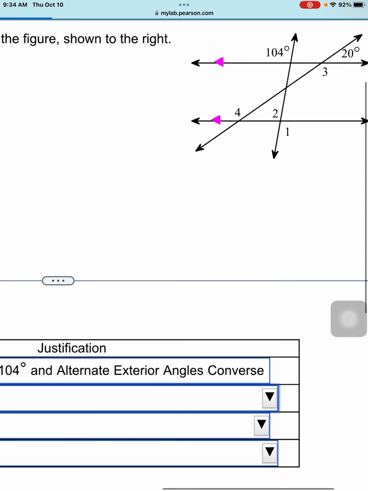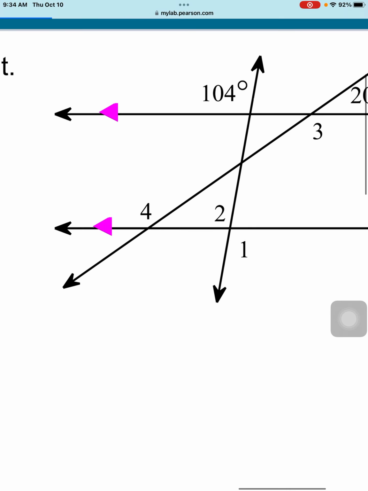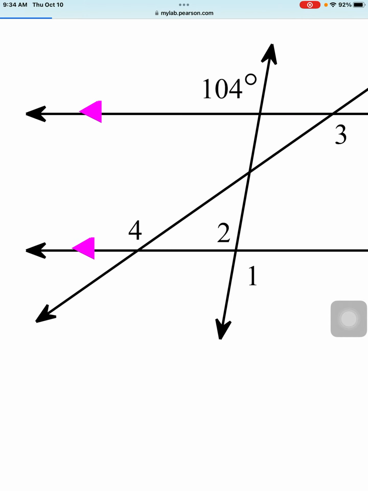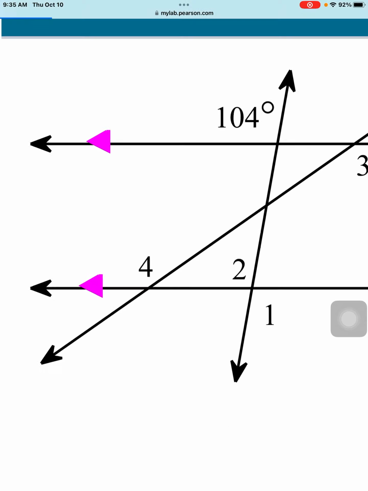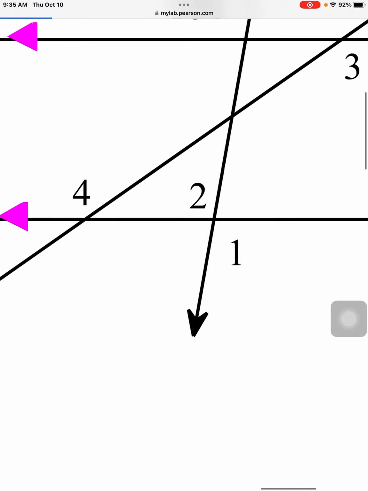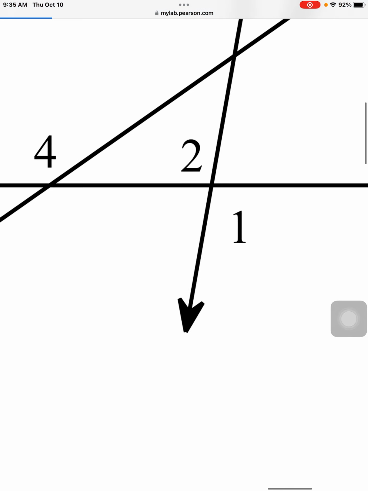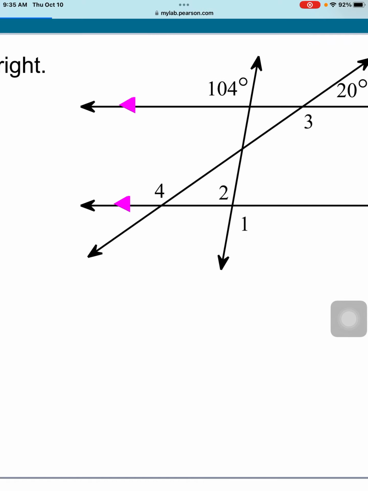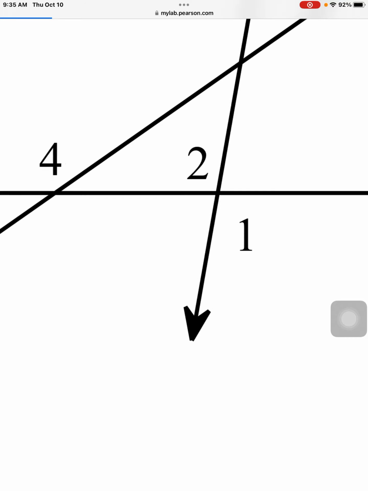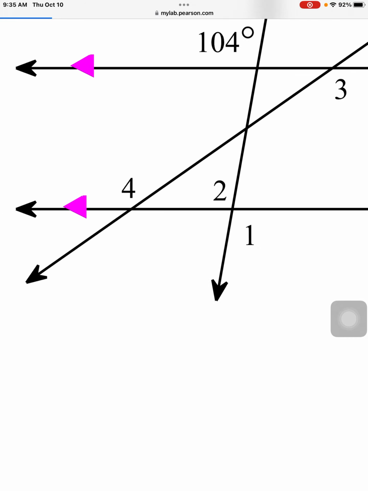Now, what is the justification? Before I even look at it, let me start thinking of my own. For measure of angle 2, I already determined it's 104. So I can either say measure of angle whose measure is 104 and corresponding angles. The other one I could say, guys, we just said what's number 1. What is measure of angle 1? 104. So can I say measure of angle 1 and vertical angles?